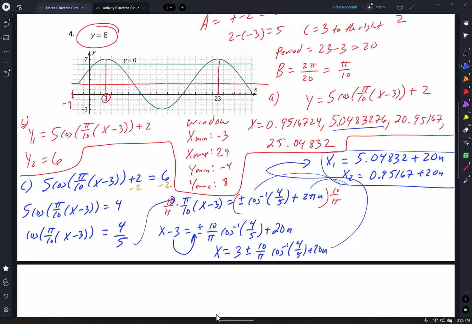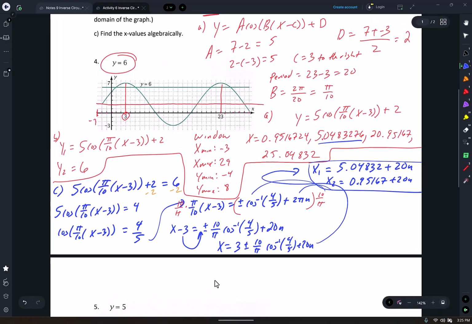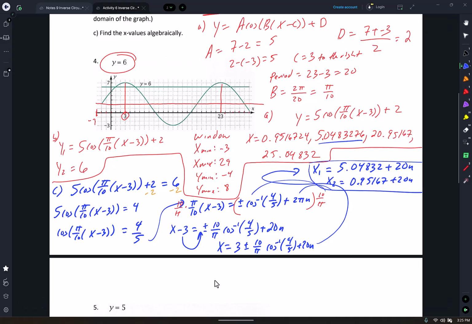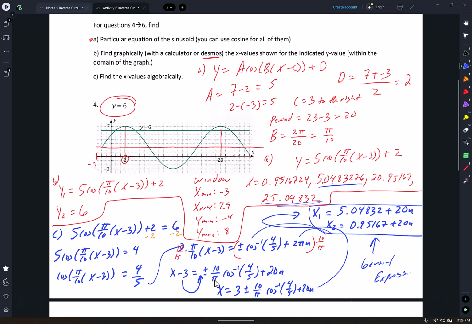Maybe we should have put more space in here. On letter C, just worry about doing the algebra, the general expressions. If you add 20 to that 0.95, you'll get the one you found earlier. See? So we're good.